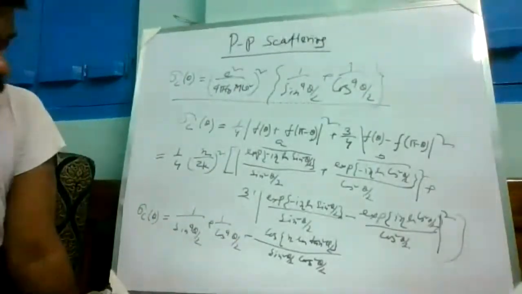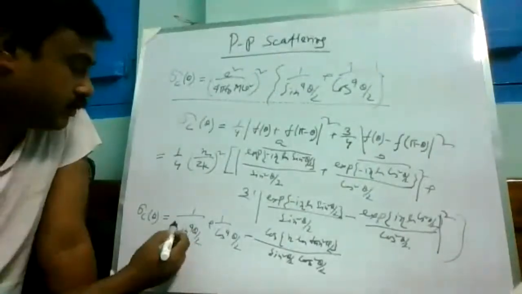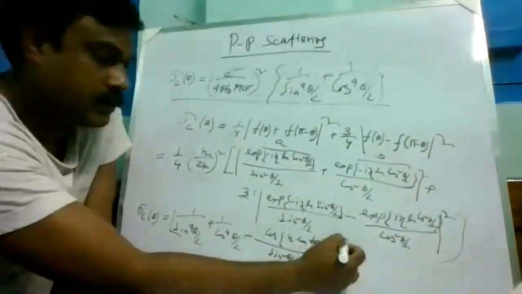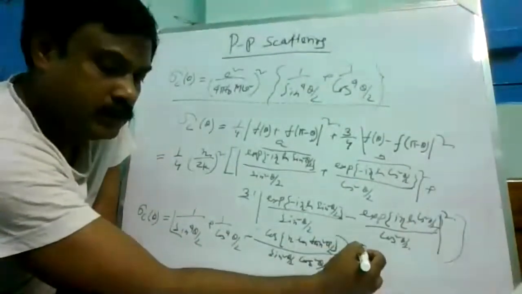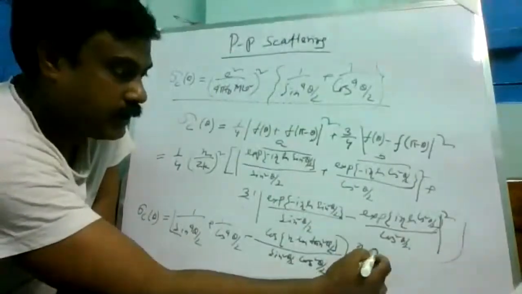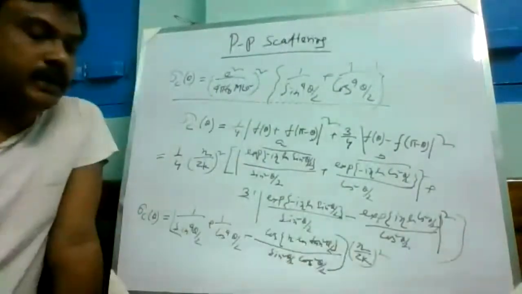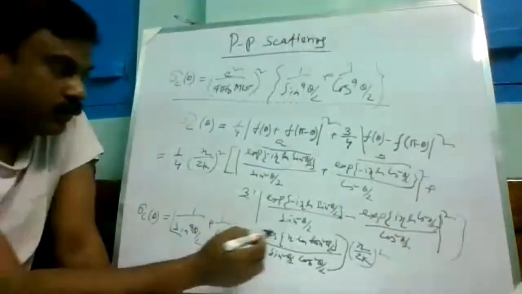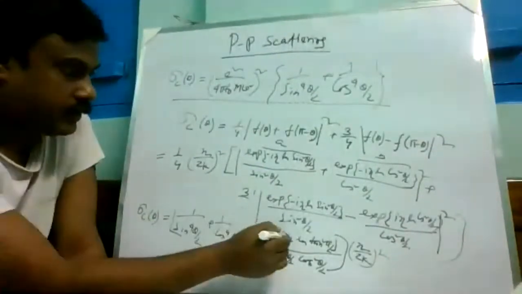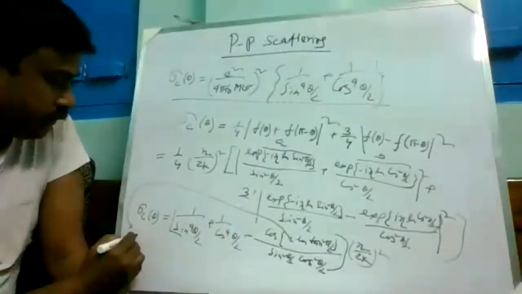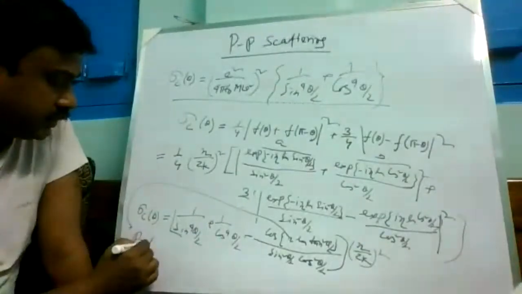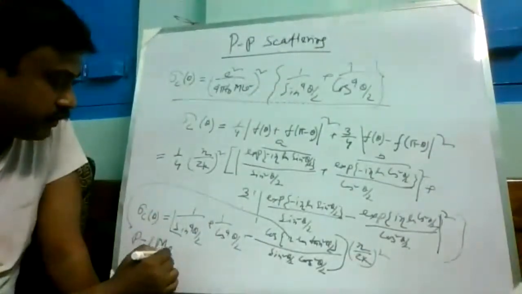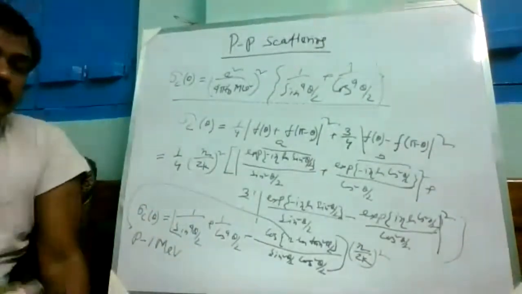Eta by sigma theta, this will be equals to this thing into theta by 2k like this. Now, if eta is very small, this is small for proton of energy 1 MeV and higher.